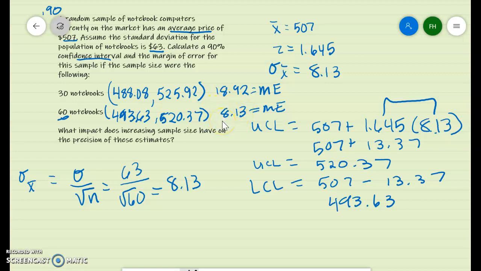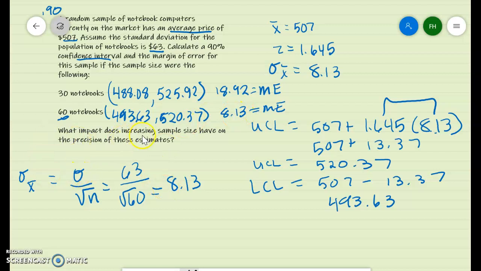Why would your margin of error go down? And why would your confidence interval get narrower? Because the more of a sample you pull, you're pulling more from the population, so you're getting a more precise answer. So it's important to note that when all other conditions stay the same and the sample size increases, then your margin of error is going to go down.